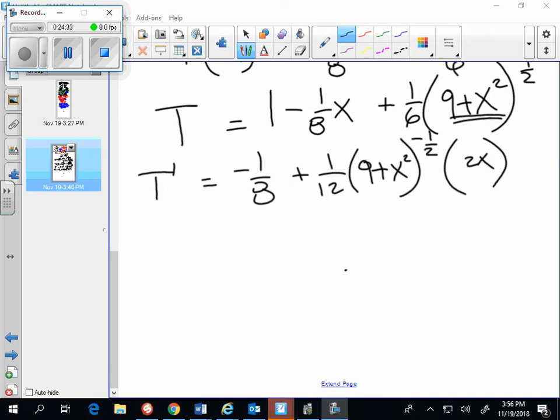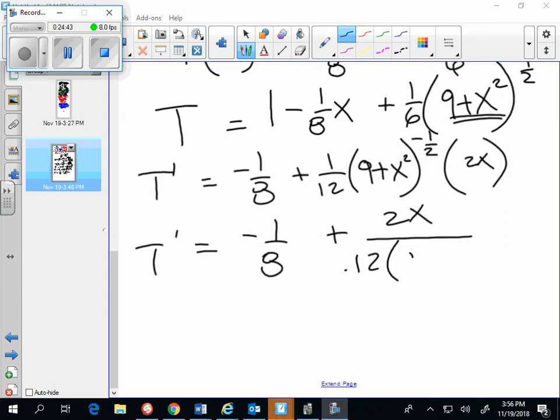And I can tidy t prime up a bit, which may be useful to see certain things, namely 2x over 12, 9 plus x squared to the 1/2. Namely, that this is never undefined. My derivative would be undefined when this denominator was undefined, but this will never be undefined.